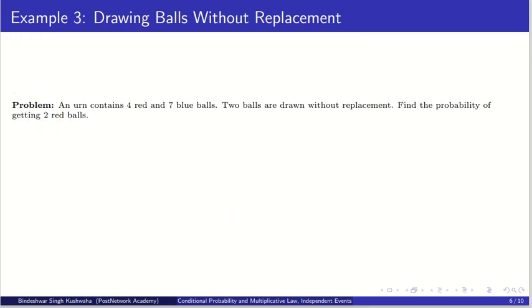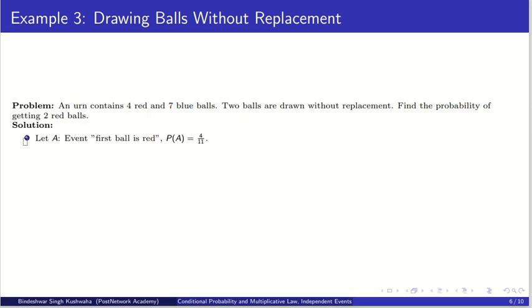Now let us see the third example. An urn contains 4 red and 7 blue balls. 2 balls are drawn without replacement. Find the probability of getting 2 red balls. The first ball is red, so P(A) is 4 upon 11. Second, B given A, that means the second ball is red given the first ball is red.